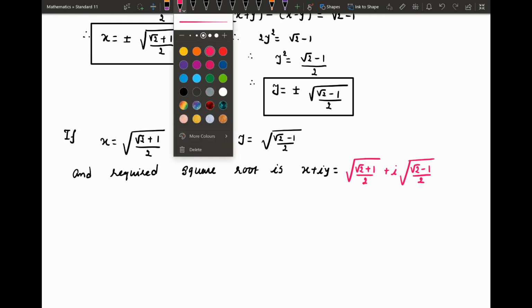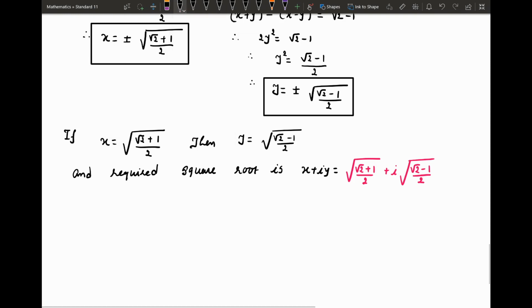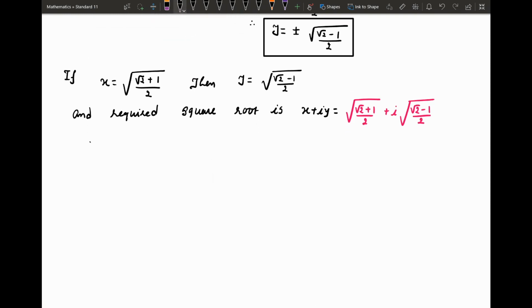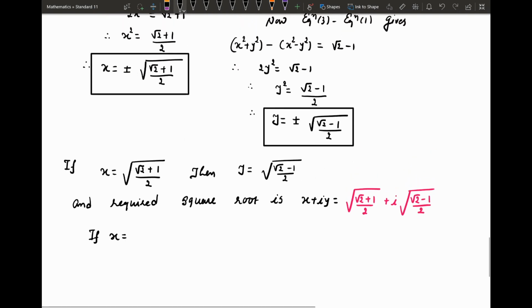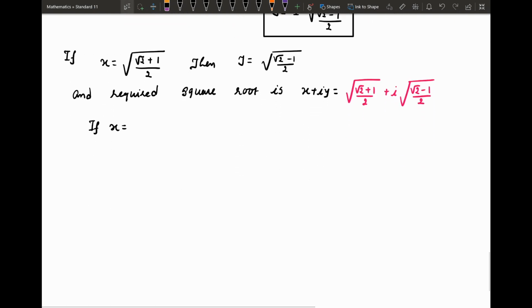And the second case, both negative. So if x equal to minus under root (root 2 plus 1) by 2, then y must be negative, so that negative negative is positive, so y equal to minus root of (root 2 minus 1) by 2.